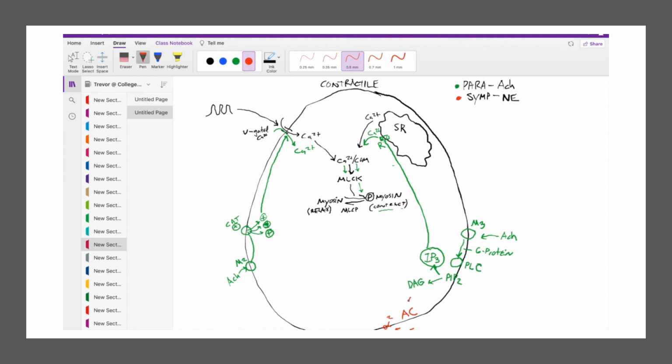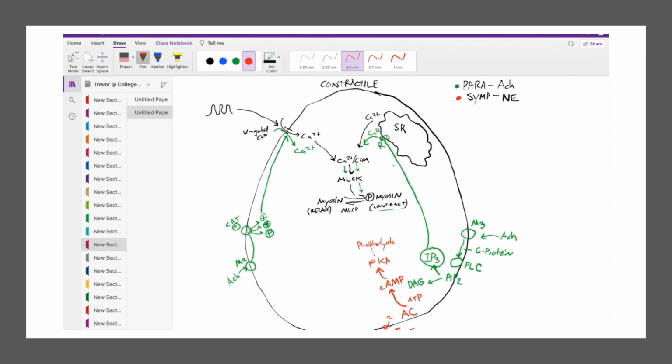So then with some ATP input, that adenylyl cyclase makes cyclic adenosine monophosphate, okay? And that is going to activate PKA, protein kinase A. And as kinases do, they phosphorylate.